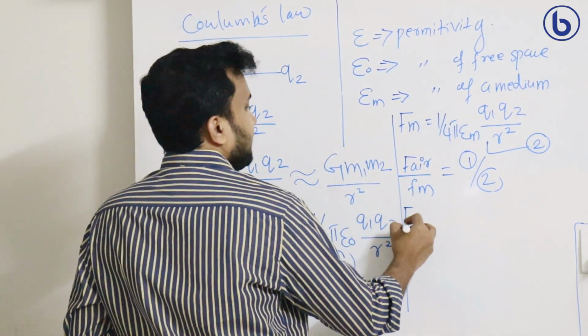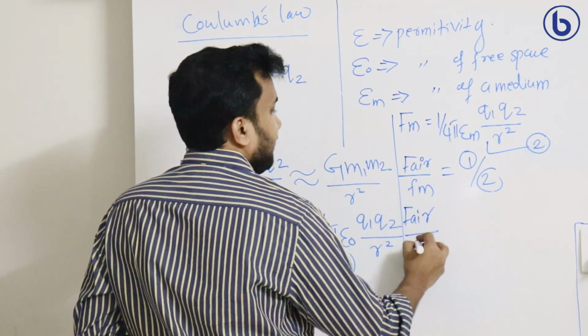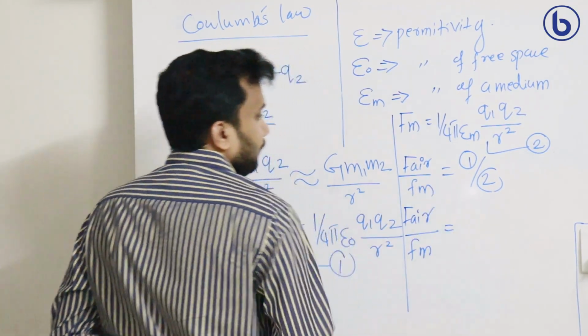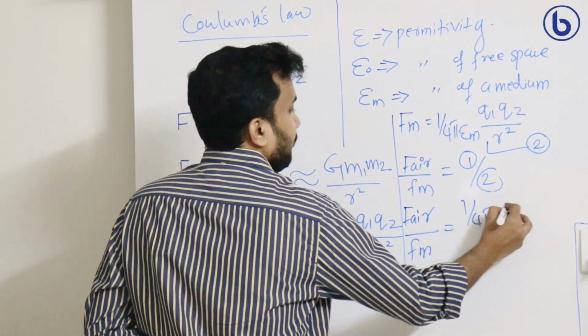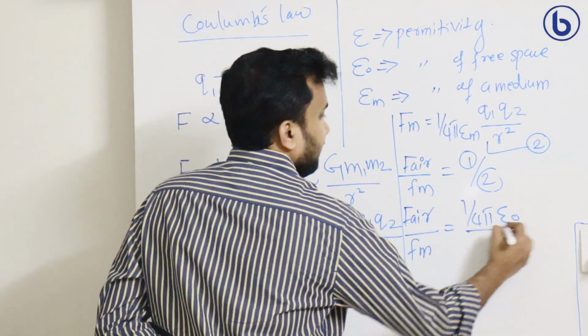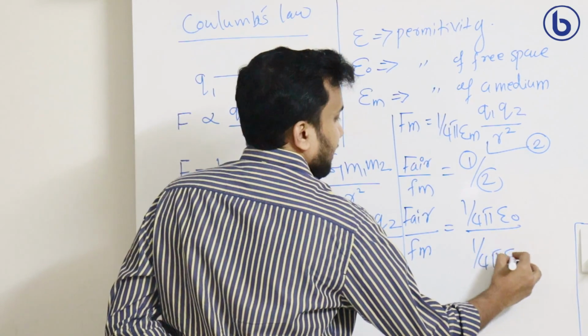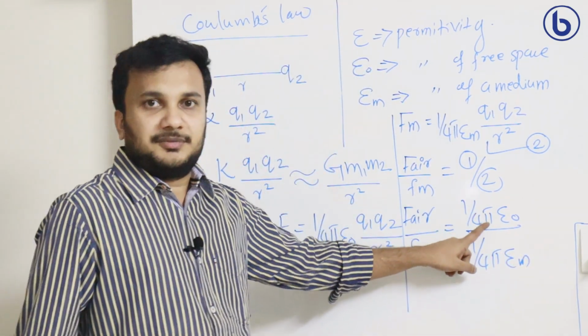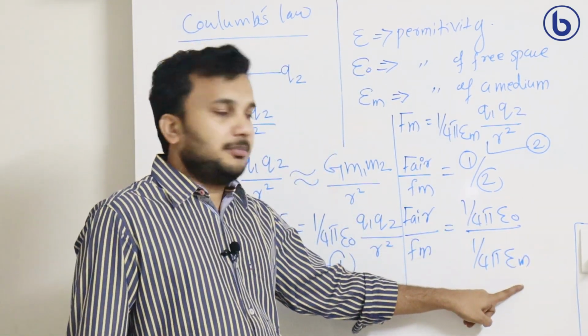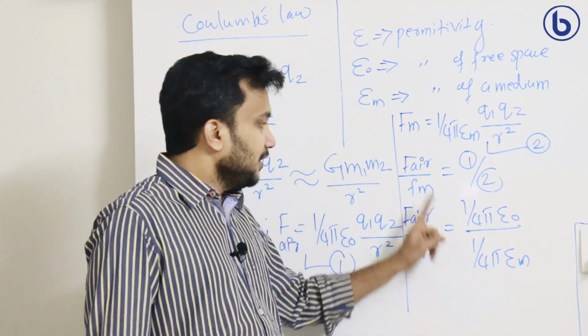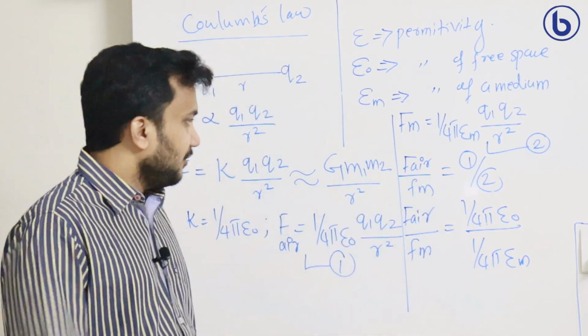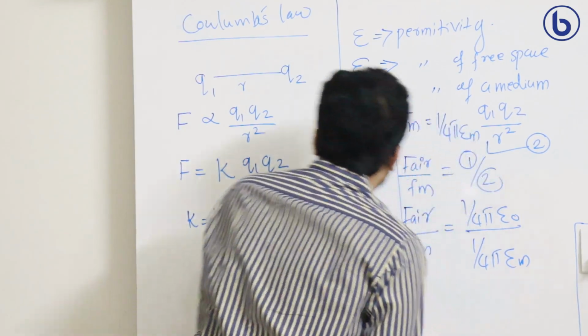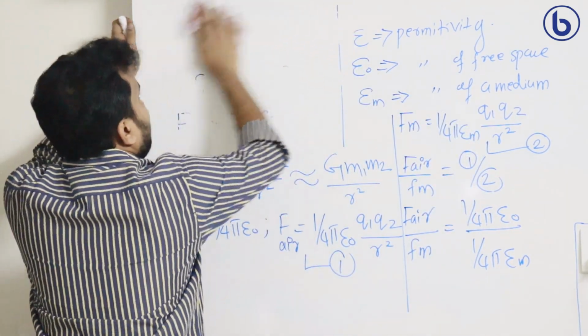So I can write F air divided by F medium equal to 1 by 4 pi epsilon 0 divided by 1 by 4 pi epsilon m. So 1 by 4 pi and 1 by 4 pi will get cancelled, and the rest of the equation I am writing here.